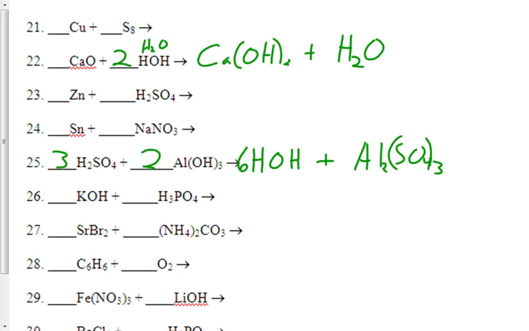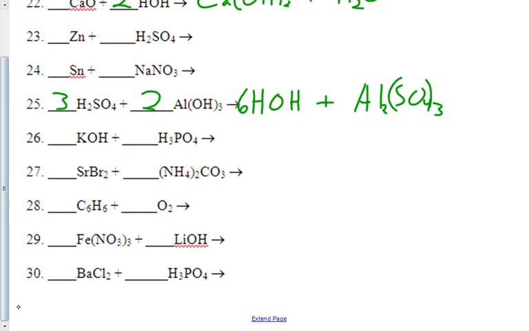MJ, 27? Yep. Okay, so we had strontium bromide with ammonium carbonate. Double replacement reaction. Remember, ammonium is kind of special in terms of polyatomic ions because it's the only one that is positive. It's the only one that acts as a metal. So I'm swapping it with strontium, meaning strontium will end up with carbonate, +2 and -2.